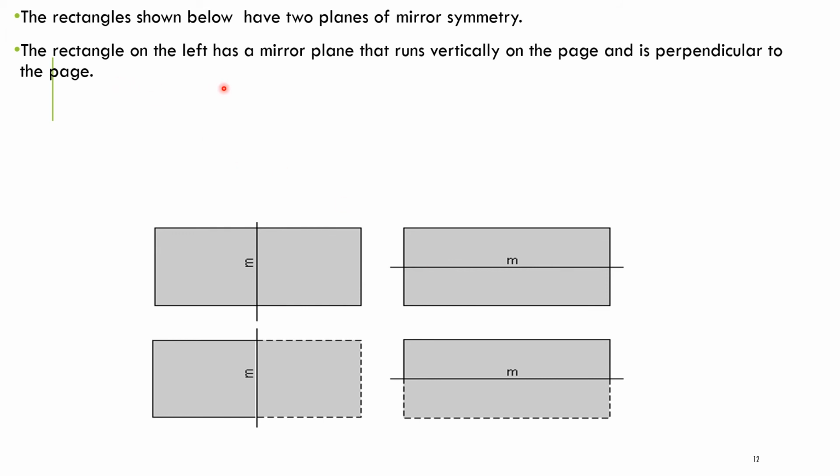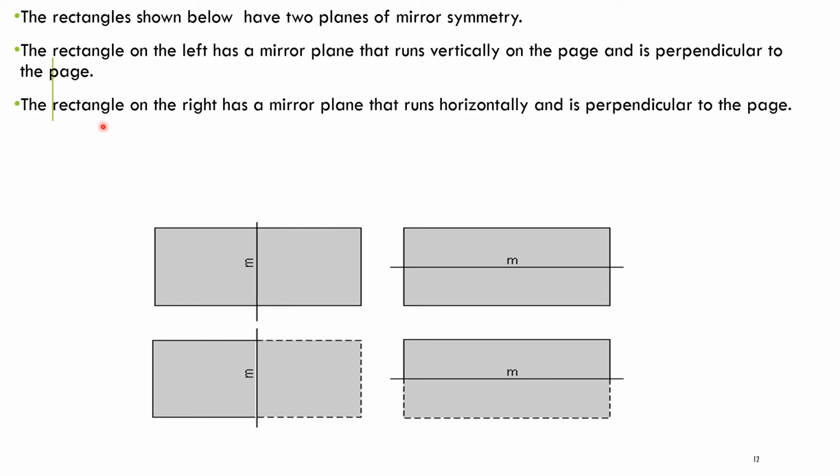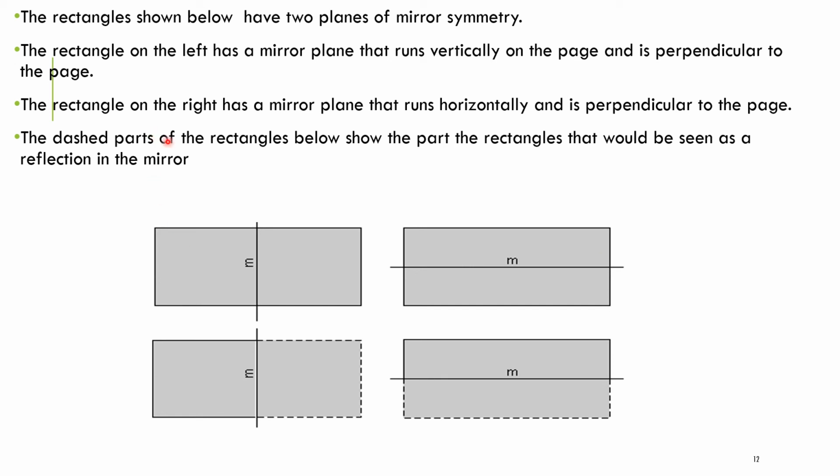The rectangle on the left has a mirror plane that runs vertically on the page and is perpendicular to the page. That is this one. The rectangle on the right has a mirror plane that runs horizontally and is perpendicular to the page. That is this one. The dashed parts of the rectangles below show the part that would be seen as a reflection in the mirror.